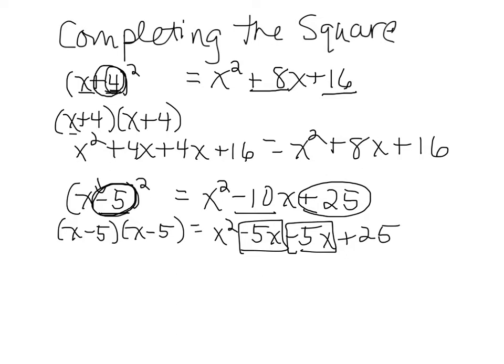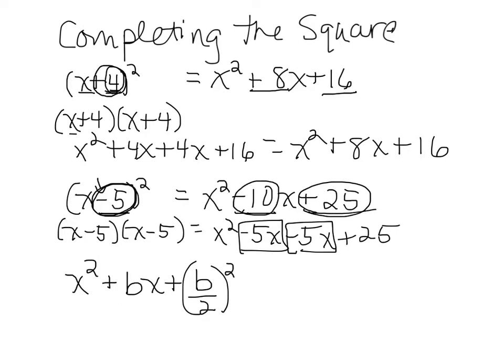So if I want to say x squared plus bx, to make a perfect square trinomial, I'm doing half of b squared. If I think of this number, half of 10 squared gives me 25. And if I want to write that as the binomial square, that would be x plus b divided by 2.